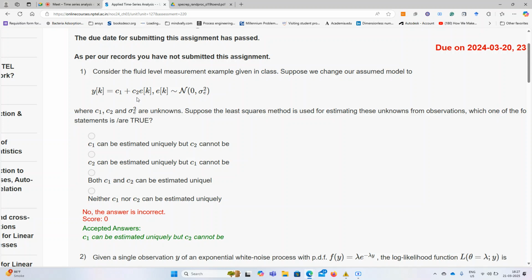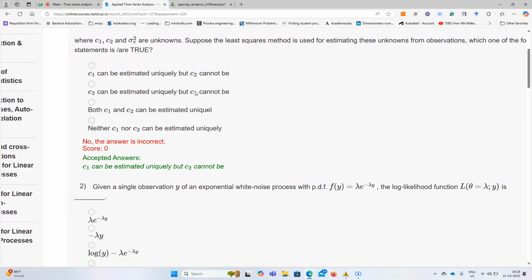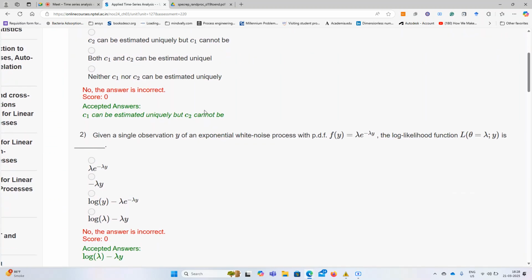But that depends upon which coefficient it is of. Because of its random behavior, we have to assume that its expectation is zero. Therefore, C2 cannot be estimated. Only C1 can be estimated. And because of the normal process, its expectation would be zero. So C1 can be estimated uniquely, but not C2.